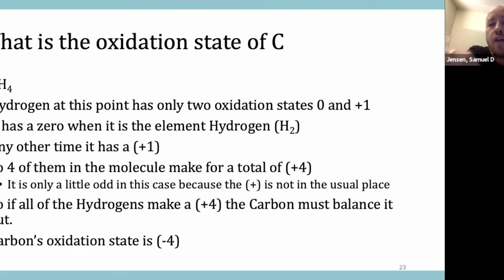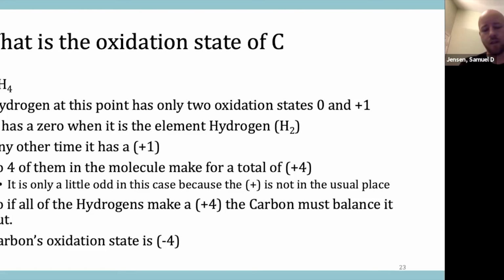So once hydrogen is bonded in a molecule, its only oxidation state is therefore +1. If I have 4 hydrogens, each of them is +1, that means I have a total positive value of +4. Now, this looks a little weird because now you're seeing the positive is on the right and the other one is a negative, whereas all the metals listed before had the positive first.